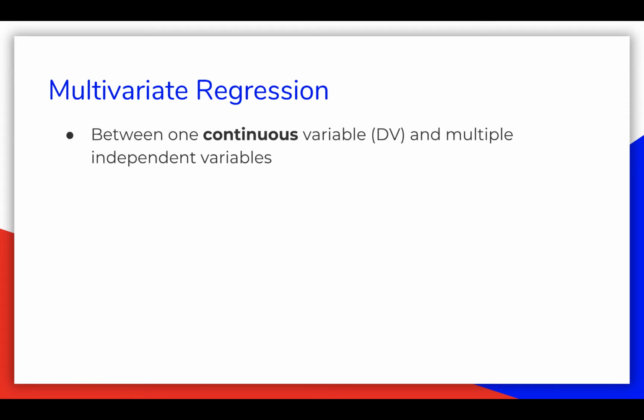So with multivariate regression, if you'll recall from bivariate regression, it was between one continuous dependent variable and one independent variable, right? Because this was bivariate. In the case of multivariate regression, though, it's still one continuous dependent variable, and a continuous variable is something like income, weight, age, and then with multivariate, though, you can have multiple independent variables.